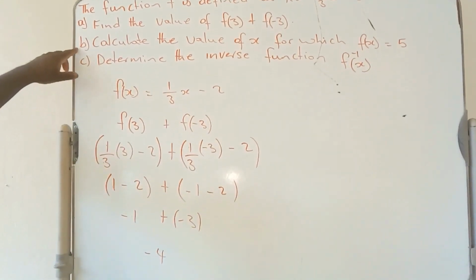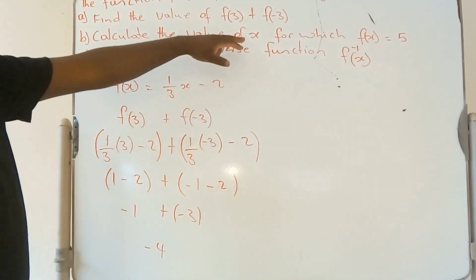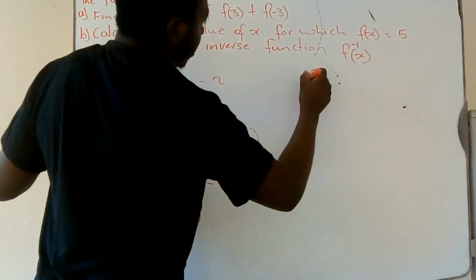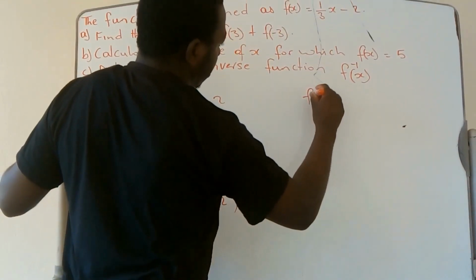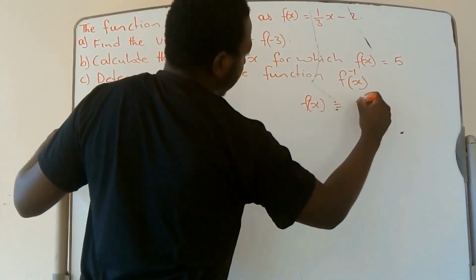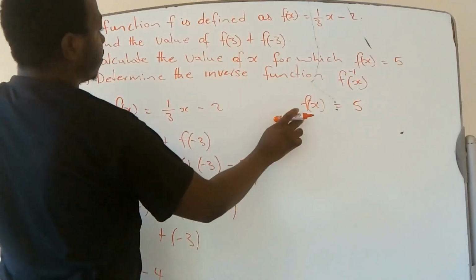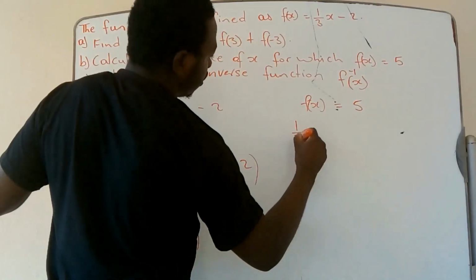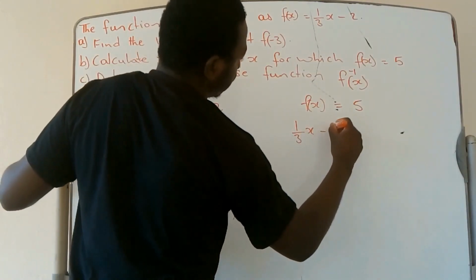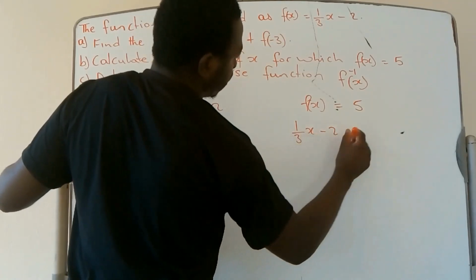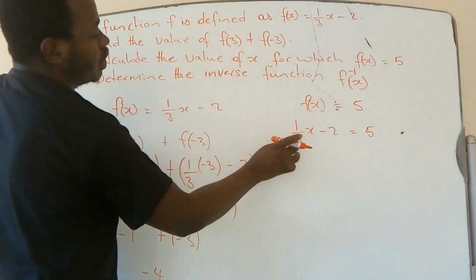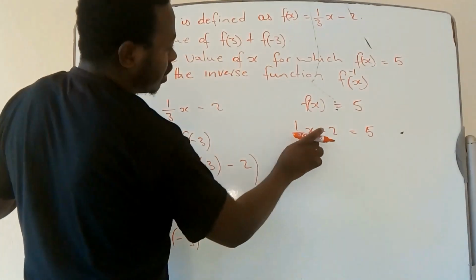So part B: calculate the value of x for which f of x is equal to 5. So they tell us that f of x is equal to 5. But what is f of x? We know that f of x is equal to 1/3 x minus 2. So 1/3 x minus 2 is equal to 5, and what we are doing is solving for the value of x.